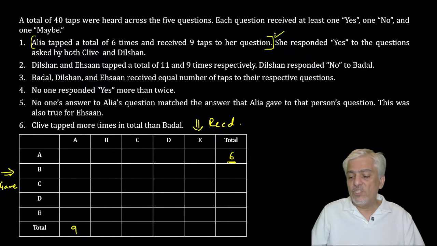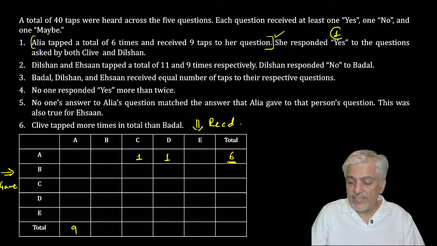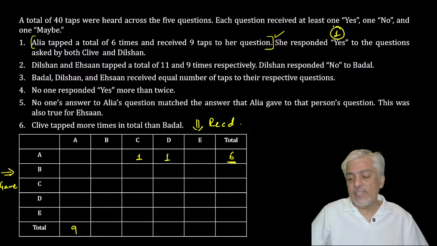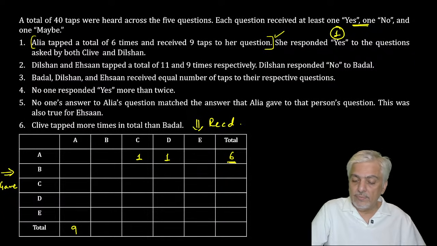What else is given? She responded yes to the questions asked both by Clive and Dilshan. So Clive and Dilshan both gave a 1 and 1. Yes is 1, right? If you had read the conditions again properly, and even here it is written, yes is 1 and no is 2 and maybe is 3. Okay.